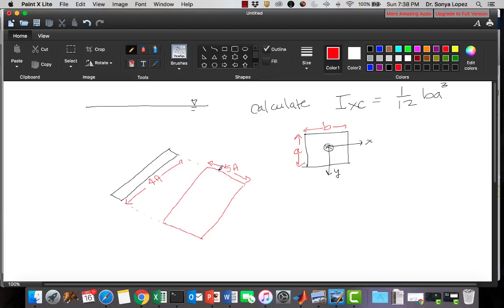Now I'm going to draw my axes. So this is my y-plane here. Again, this is also my y-plane with respect to this 0, 0 line.